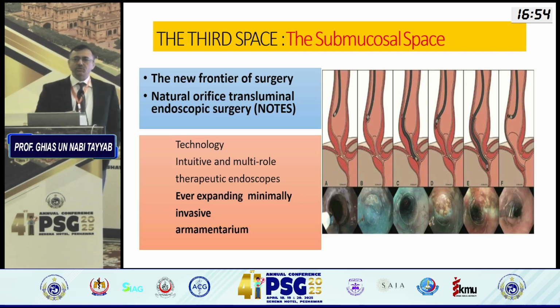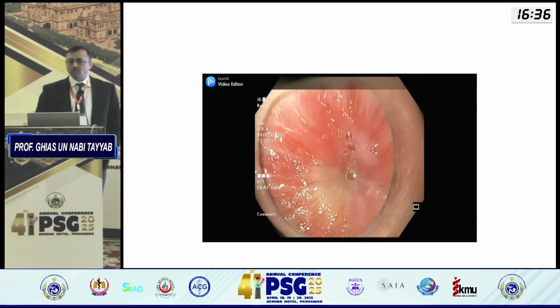Currently, more than 1 lakh procedures of third space myectomy have been done worldwide. So the technology has evolved. Multi-role therapeutic endoscopes have been introduced for this, and this is an ever-expanding, minimally invasive armamentarium going to so many other places.